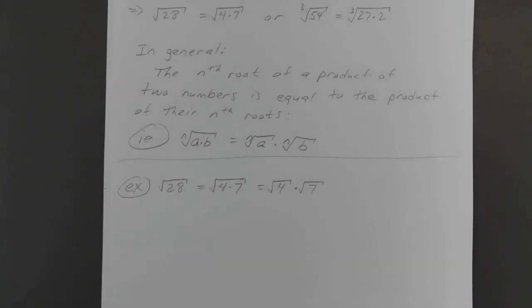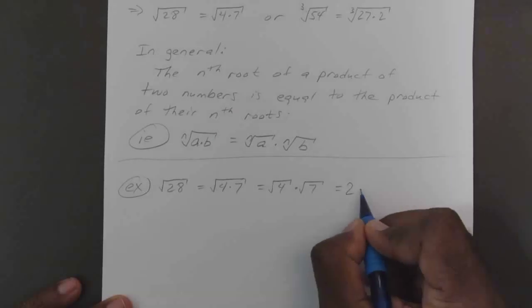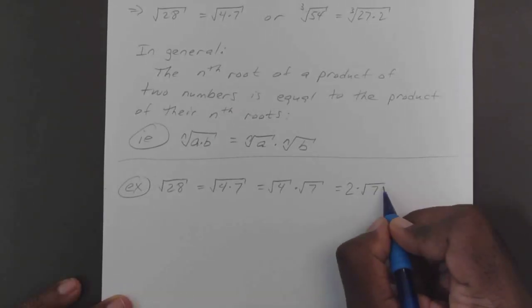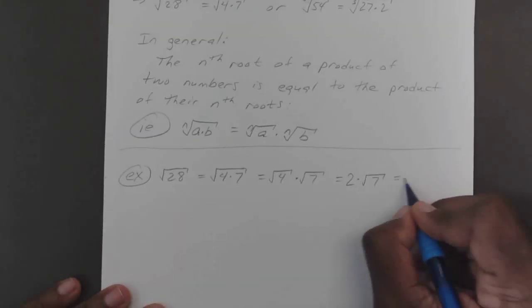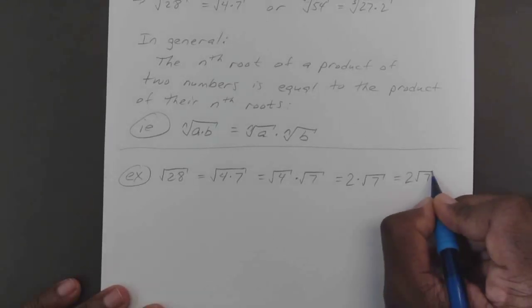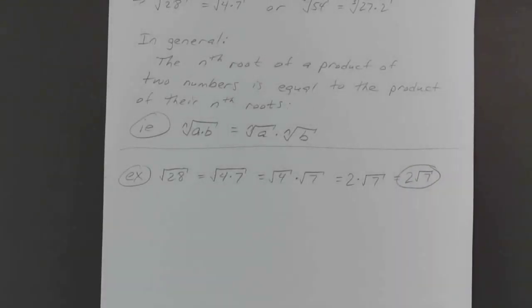Now we know square root of 4 is either positive or negative 2. We're just going to use the positives on problems like this. So it's 2 times square root of 7, which is just 2 square root of 7. Okay. You can't really simplify the square root of 7 anymore because it's an irrational number, since that's not a perfect square. So you just leave it as square root of 7. All right, any questions on that one?